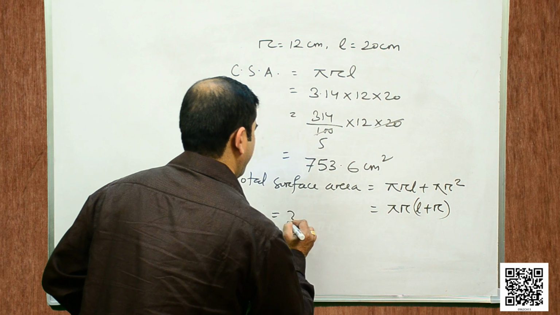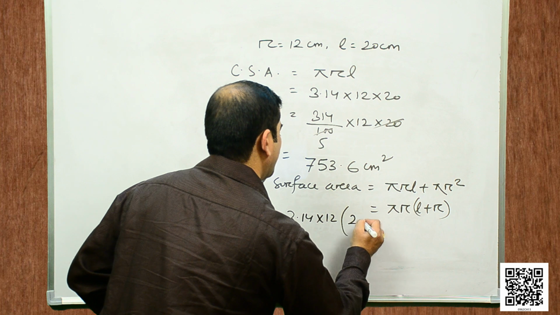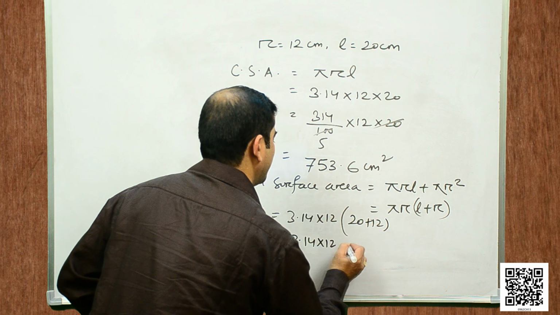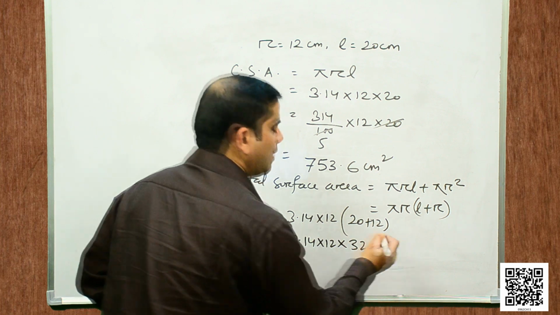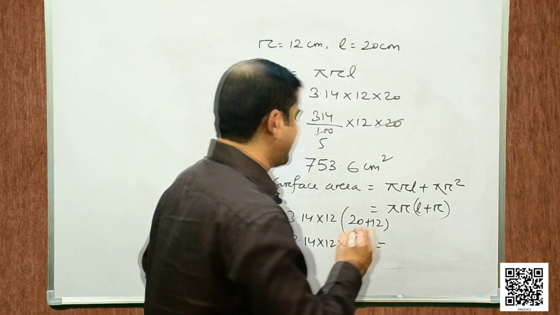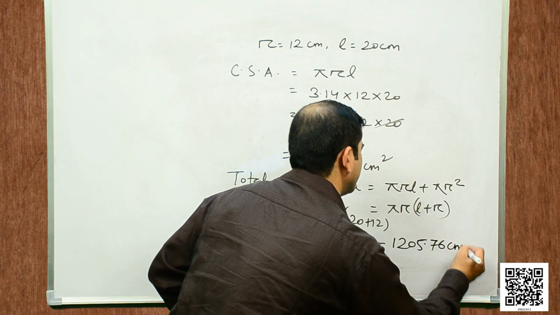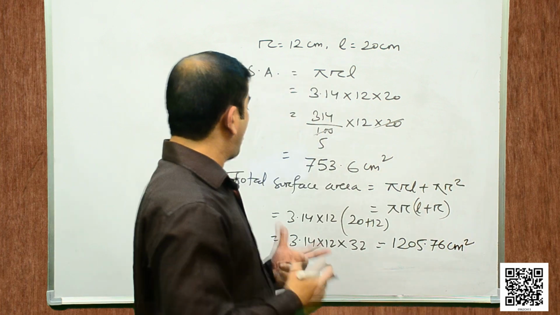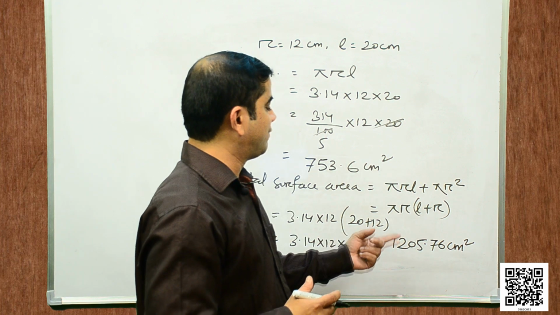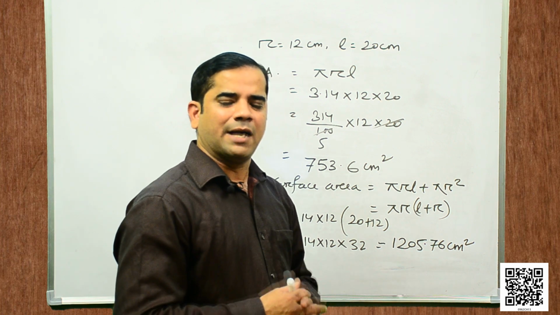So, that is equal to 3.14 into 12 whole multiplied by (20 plus 12), 3.14 into 12 into 32. When we calculate, it comes up to 1205.76 centimeter square. So, we have found that total surface area of the given cone to be 1205.76 centimeter square. Hope you have understood this example.